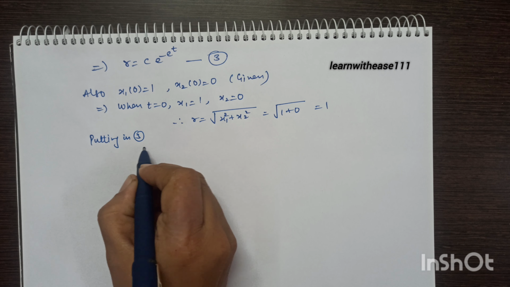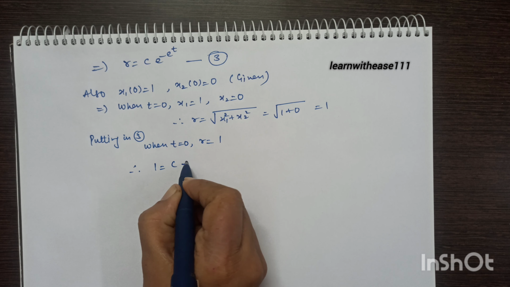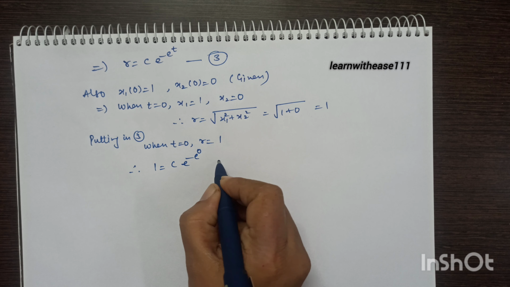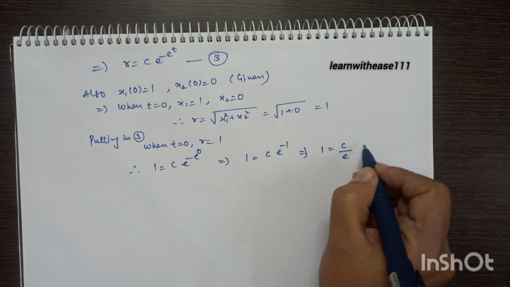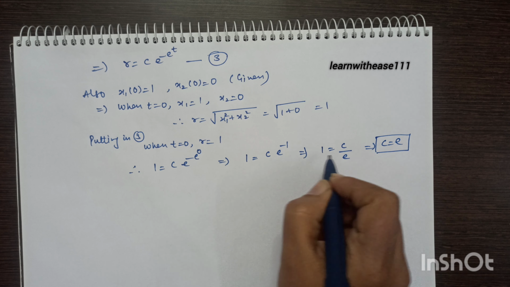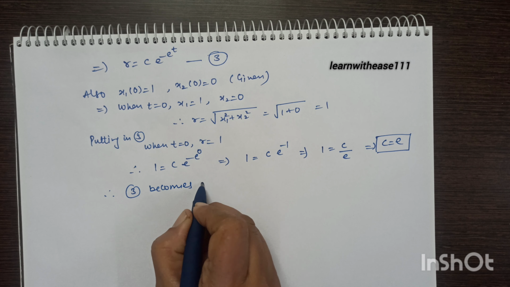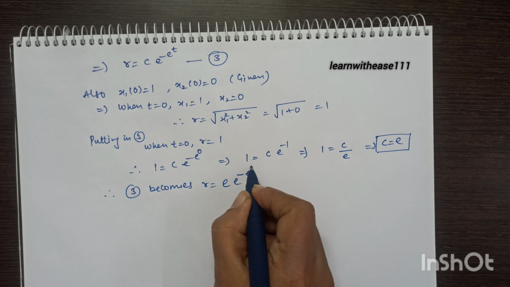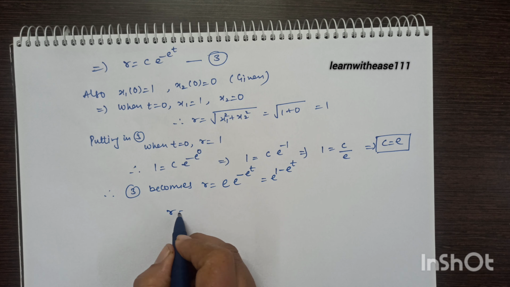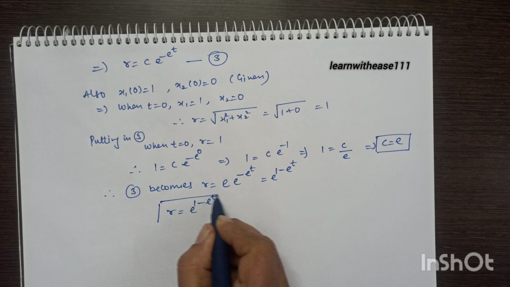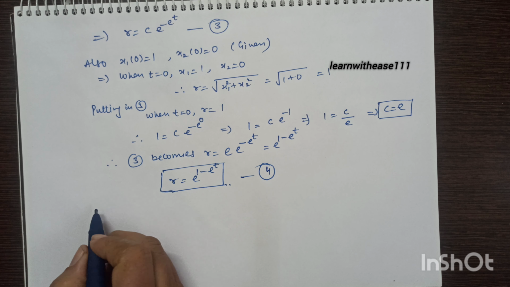So substituting in 3, when t is 0, r is 1. By this we can calculate c. E to the power 0 is 1. So c is actually e. We can replace c by e. Now r becomes e into e to the power minus e to the power t, and this can be written like this, e to the power 1 minus e to the power t. So now this is the solution after using the initial condition.